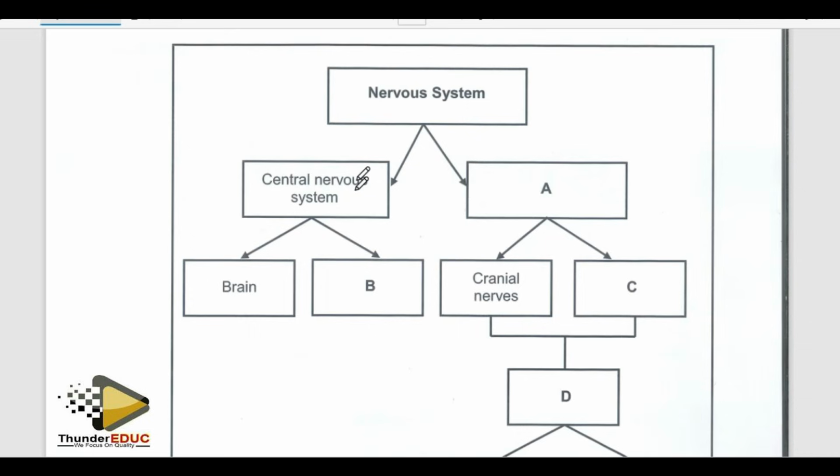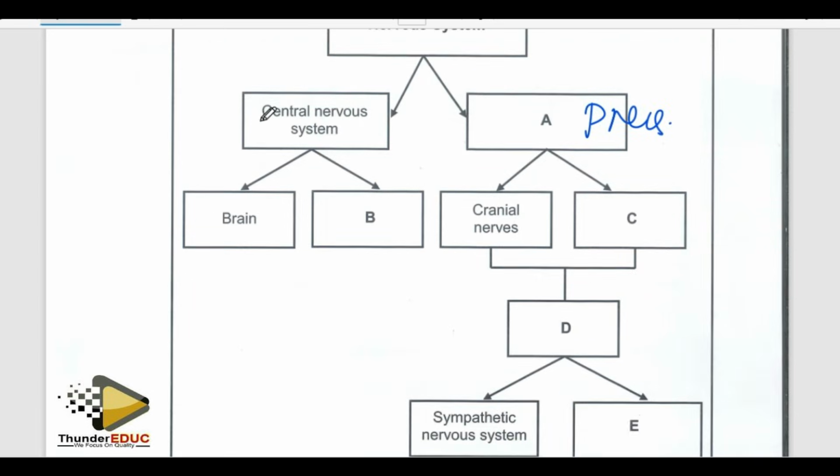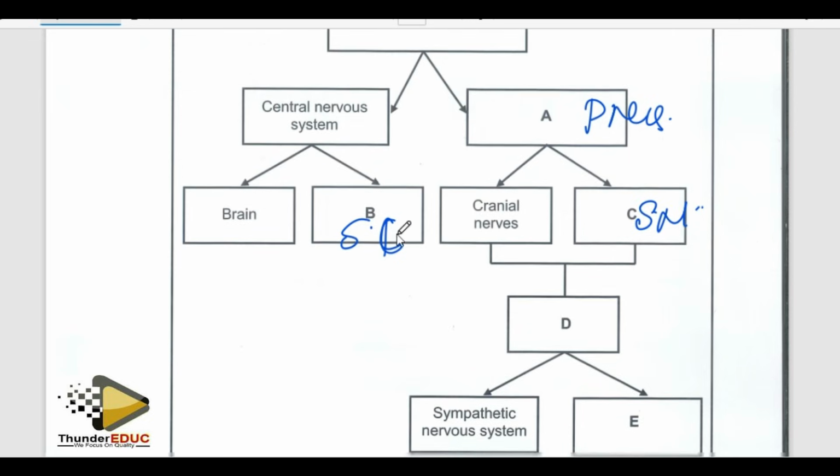Nervous system is either central. If it's not central, is peripheral, meaning that A is the peripheral nervous system. Yes. So the central nervous system is divided into two, either brain or spinal cord, meaning that B is the spinal cord. The peripheral nervous system is either made up of cranial nerves or spinal nerves. So meaning that is spinal nerves.